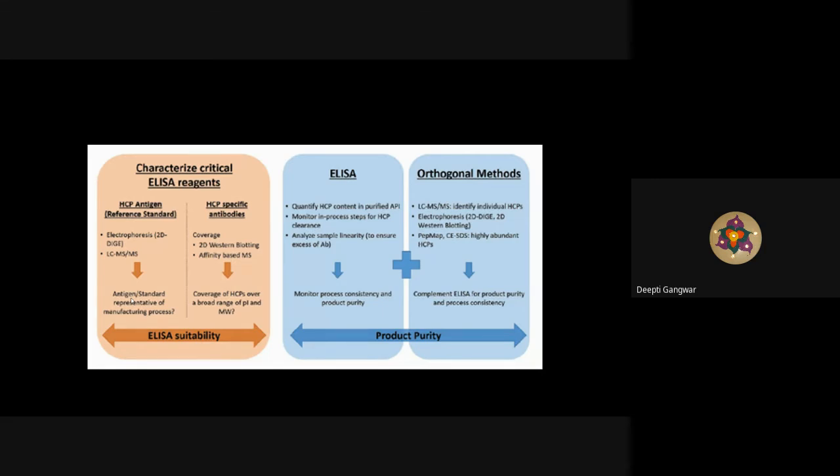So regulators have an expectation that you will always supplement it with certain orthogonal methods. Once you have the reagents in place, ELISA is a very high throughput technique; you can do lots of samples in a single go. But because of certain limitations of this technique, there is always an expectation that you provide additional data, or that additional methodologies are used to do this quantification.